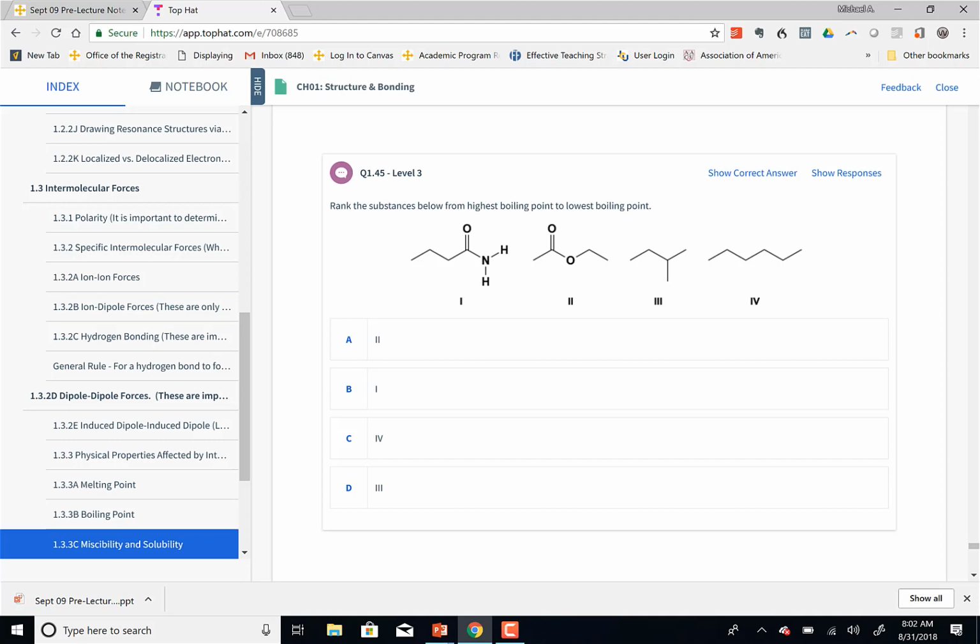So is it polar or not? If it's not polar, then the strongest intermolecular force you can have is the dispersion forces. If it's polar, then it could be either dipole-dipole or hydrogen bonding. So that's what we need to know about each one of these molecules. Looking at these, are there any that have only dispersion?